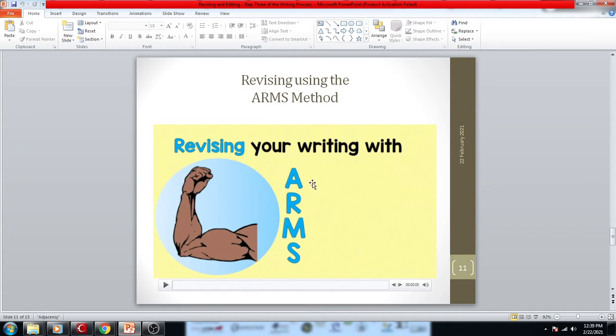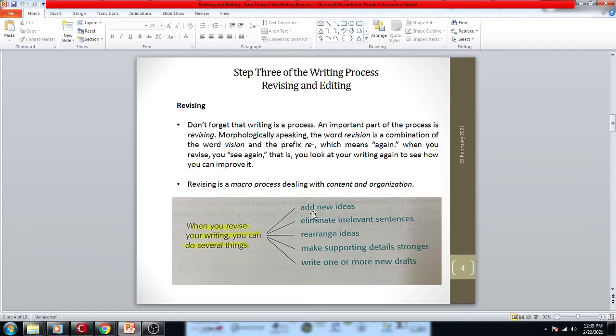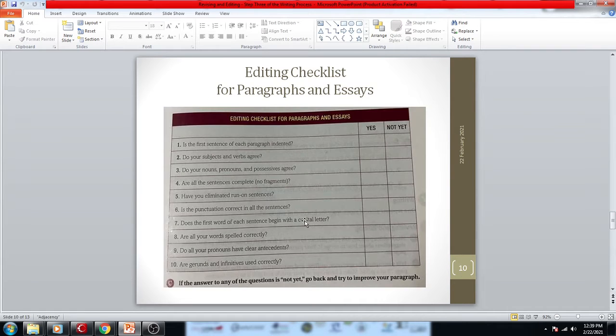So when you revise, you check your arms. You may add, you may remove, you may move, you may substitute. And so again here, in revising, you may add new ideas, you may remove some ideas, irrelevant sentences, you may move ideas, rearrange, and you may substitute some ideas by deleting them and writing other ideas.